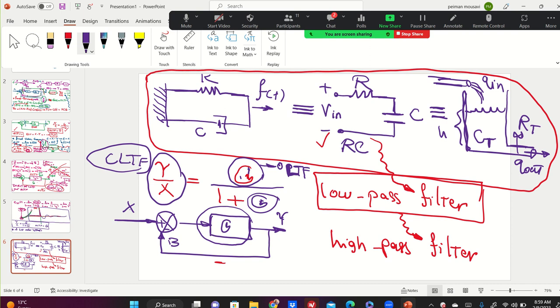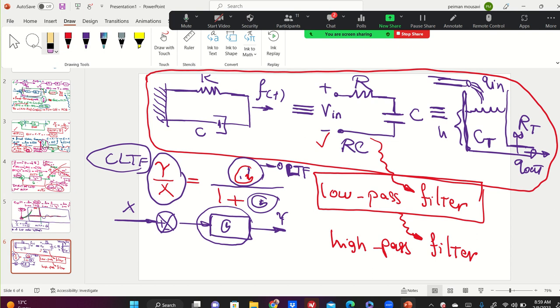Open loop means I'm cutting the system from here and from here. Now this is open loop. Open loop means there is no feedback to measure. Look at here, guys. This is open loop. Do you see any feedback?